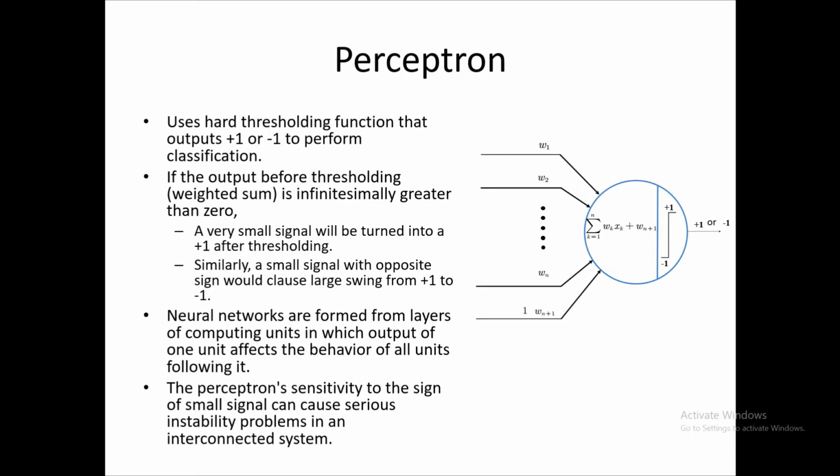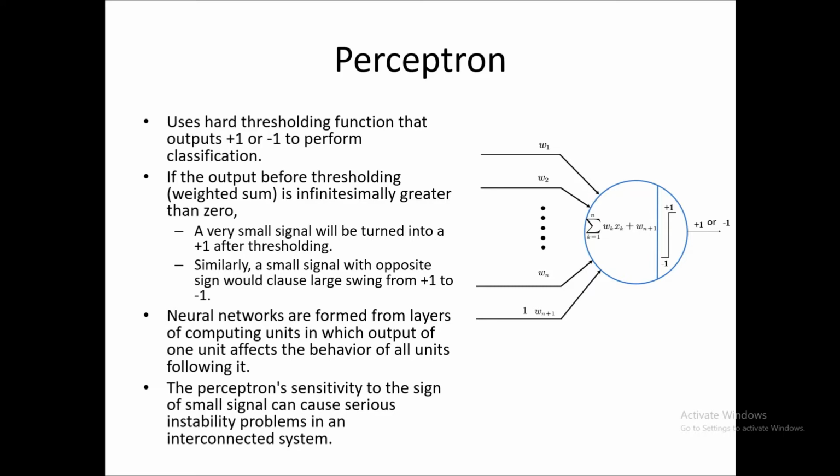And we know that neural networks are formed from layers of computing units in which the output of one unit affects the behavior of all units following it. The perceptron's sensitivity to the sign of a small signal can cause serious stability problems in an interconnected system of such units, which makes perceptrons unsuitable for the layered structure.